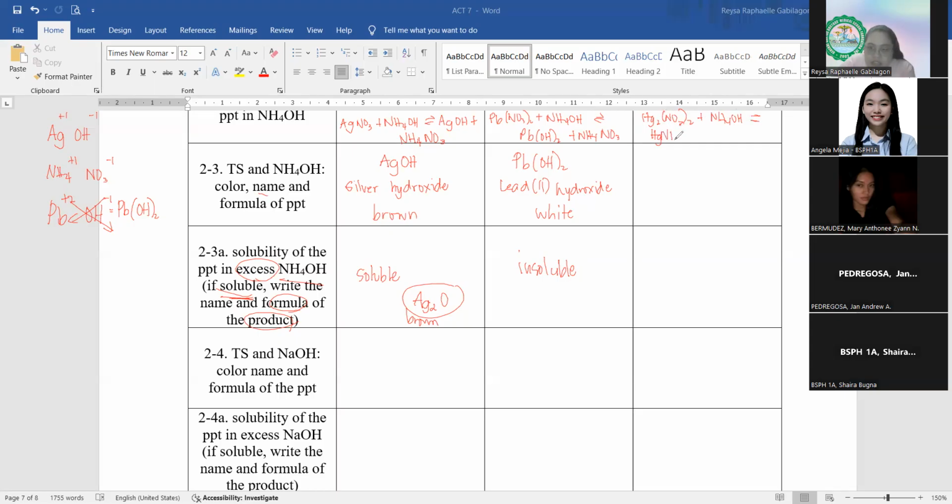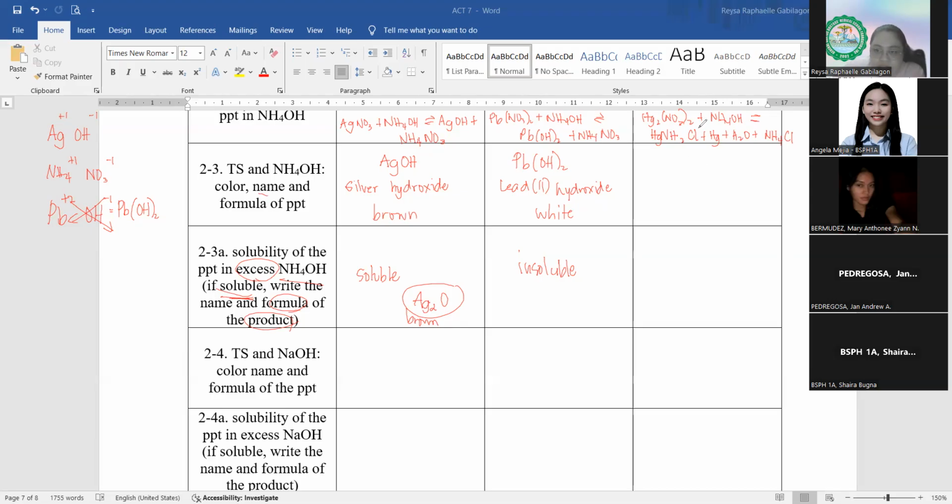Hg and H2Cl plus meron kang mahihiwalay yung isang mercury and then merong water na ma-form and then meron ka pang NH4Cl na ma-form. So, again, this one is not a common double displacement reaction.